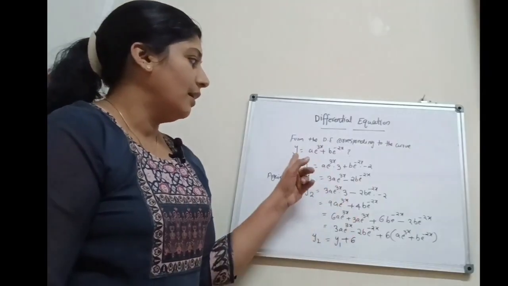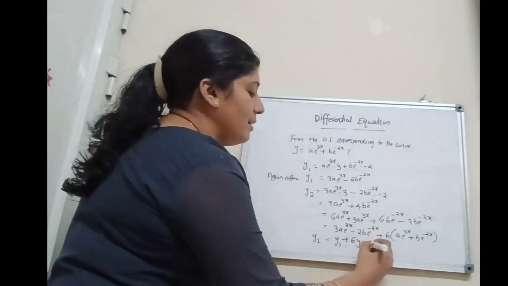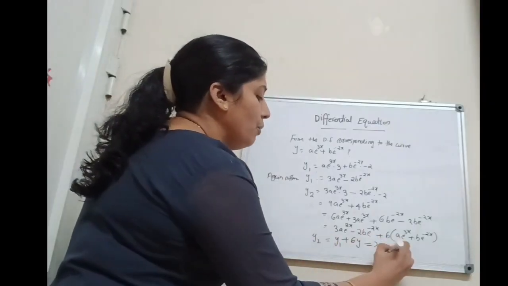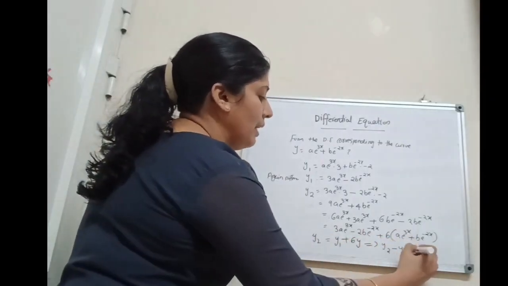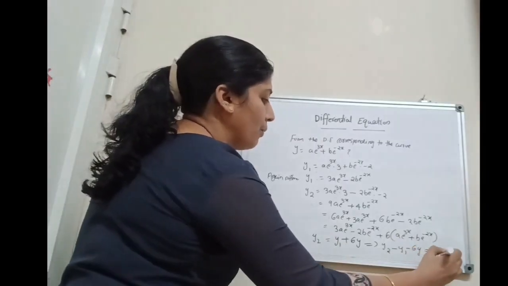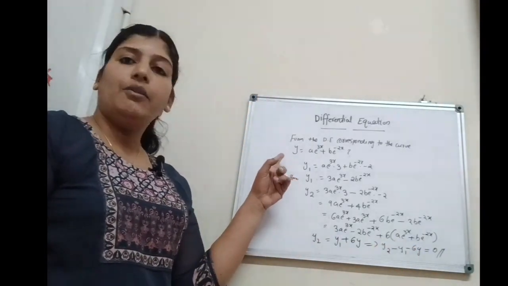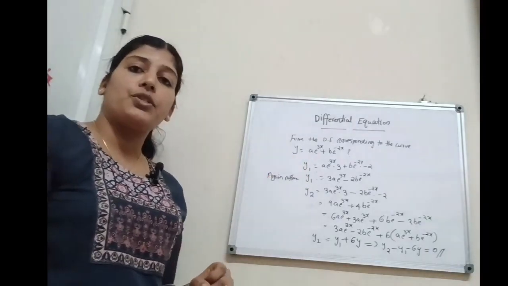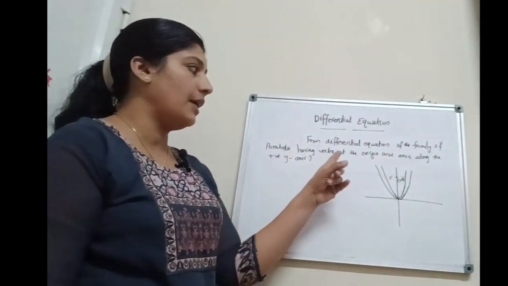This is the general solution y. That implies y2 minus y1 minus 6y equals 0. This is the differential equation of the general solution y equals a e raised to 3x plus b e raised to minus 2x.